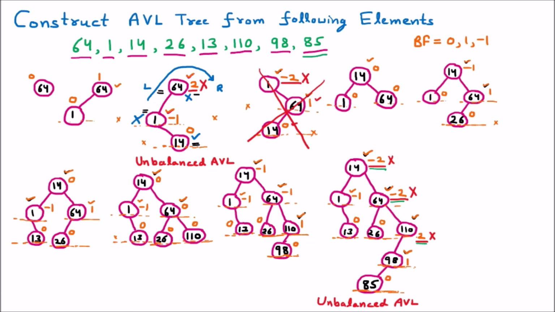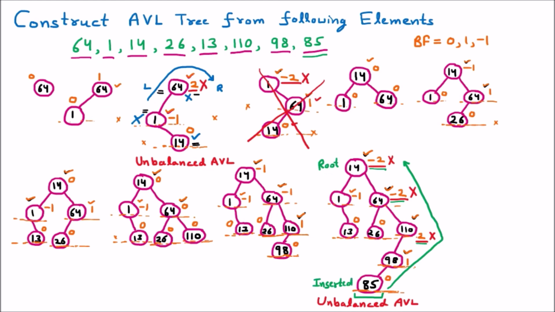That means this is the last node 85 which we have inserted. After that the problem comes. From this 85 we have to go along the path till the root, and we know that the root is on the top, which is 14. So 14 is our root, and talking about the inserted node which is the 85. So this one is the inserted node.